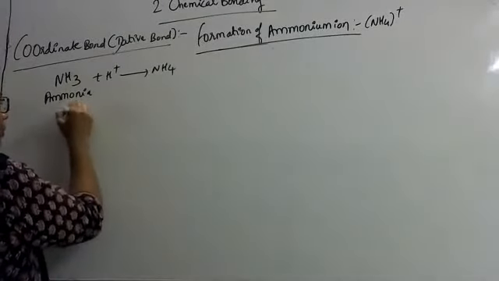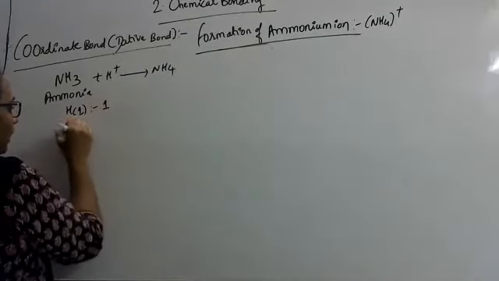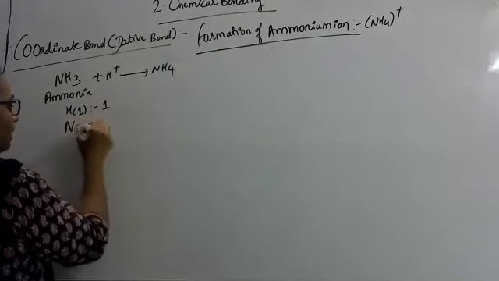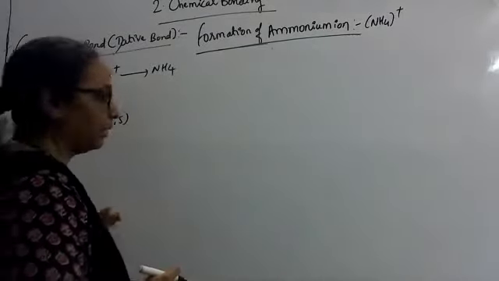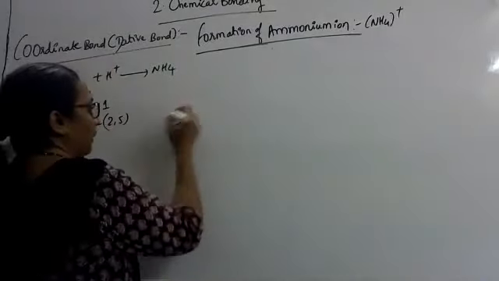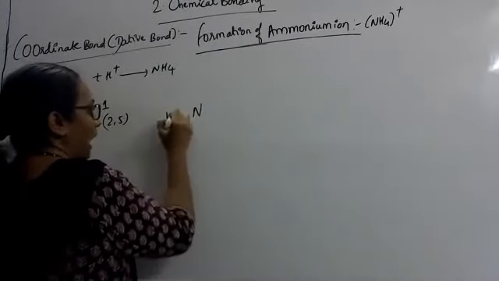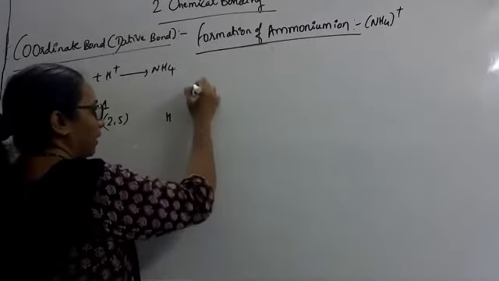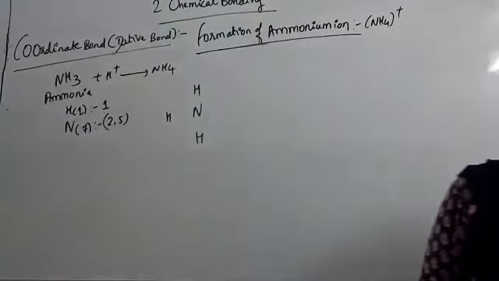Hydrogen atomic number 1, electronic configuration 1. Nitrogen atomic number 7, electronic configuration 2, 5. So here nitrogen and 3 atoms of hydrogen.